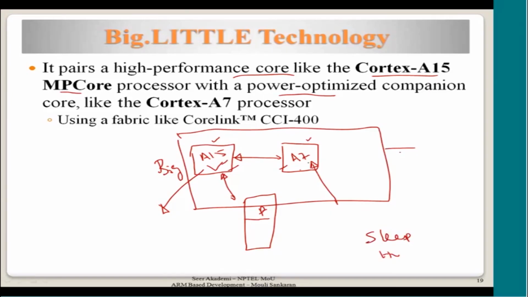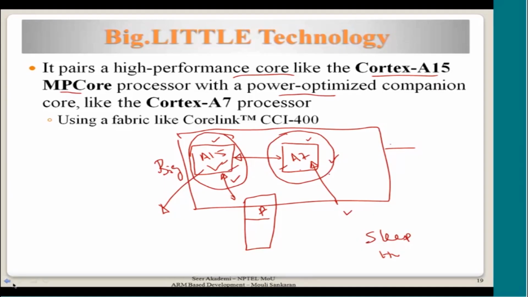Whenever there is no need for this high-end processor to be running, then the job is given to the low-end processor, which takes care of mundane tasks that don't involve so much performance. The task which is not performance critical is done in this low-end mode. So by keeping these two together in a solution, we get the advantage of low power at the same time performance of a high performing device.